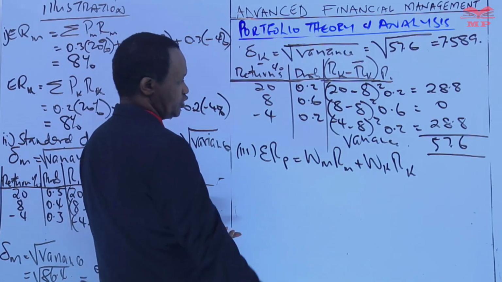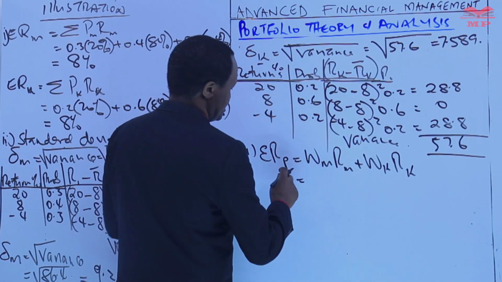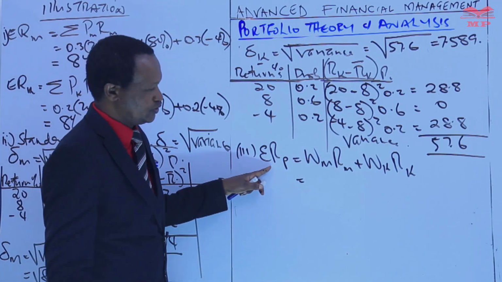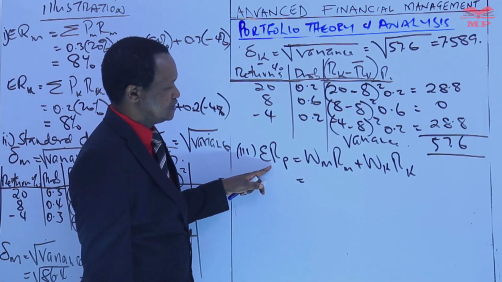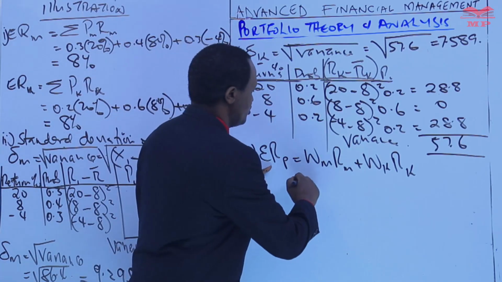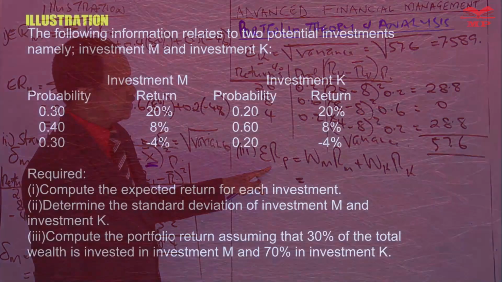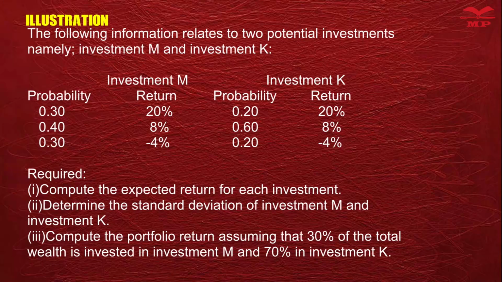The portfolio combination. What is the expected return of the portfolio given the weights? What is the weight of investment M?